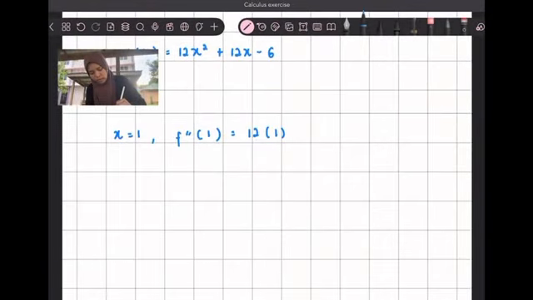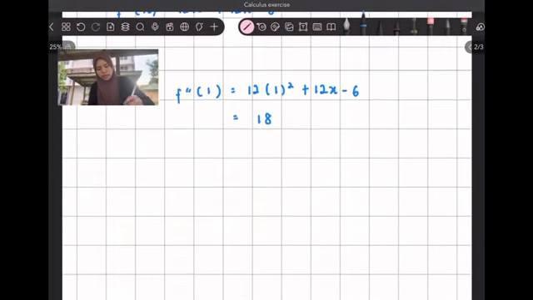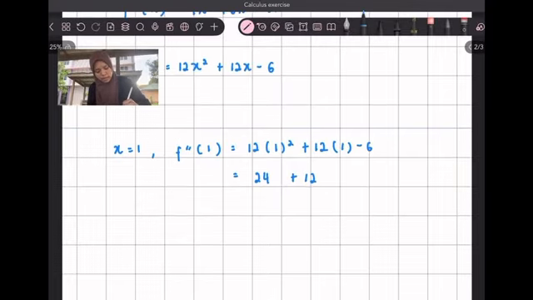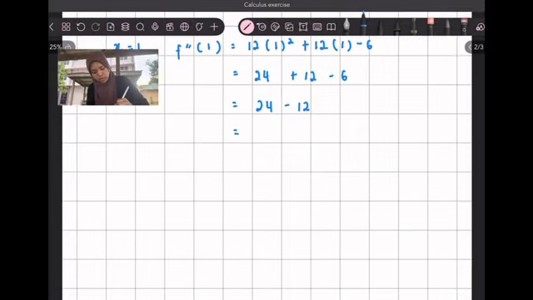So x equal to 1: 12 times 1 squared plus 12 times 1 minus 6 equals 12 plus 12 minus 6, which is 24 minus 6 equals 18.